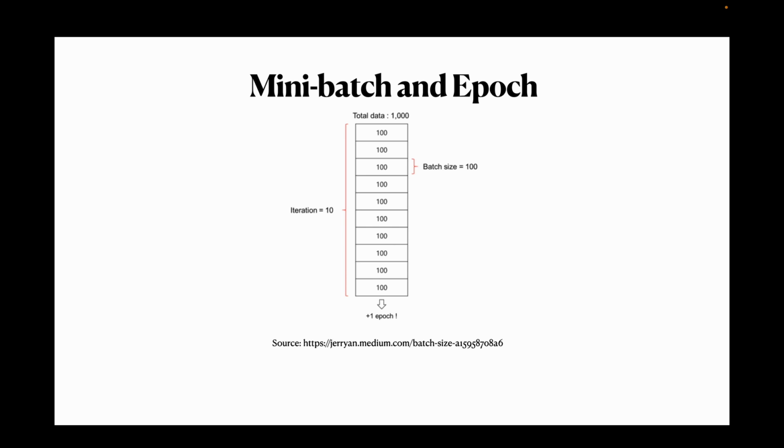And then if you want to train your model more, you see that it's not being trained yet, you go back, you start from the first batch, second batch, third batch. And by the time you reach the 10th batch, again, you have passed through this data in 2 epochs. So don't get confused when you hear about epochs. An epoch is going through the whole training data once using those batches.